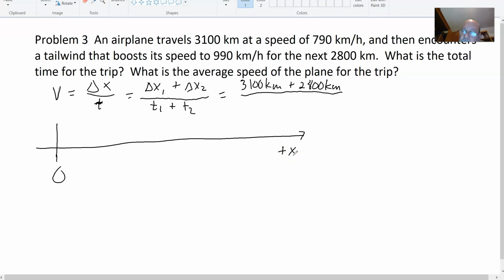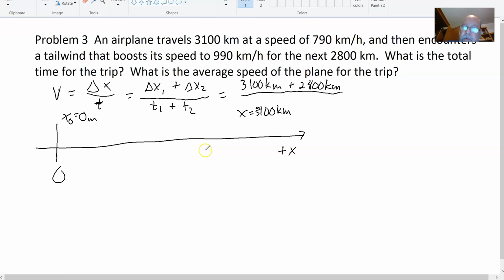Okay, and so for the first motion here, our initial position is going to be 0, right? We're always free to set that to be 0. x0 equals 0, and then our final position is going to be at 3,100 kilometers. So our displacement, our delta x, is going to be 3,100 kilometers.